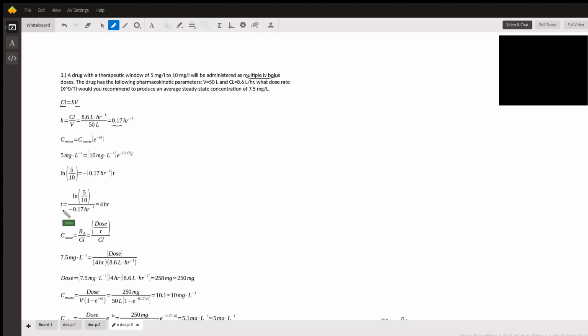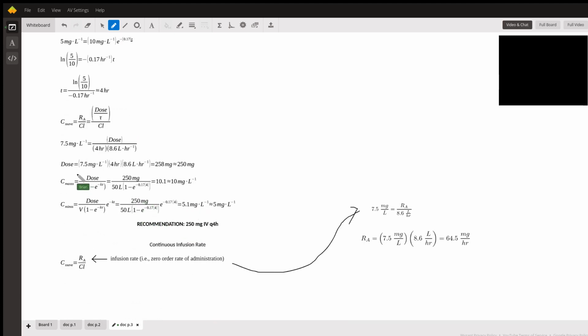And so when I solve for T, I get about 4 hours. Now I can check to make sure my max and min concentrations at steady state will not be out of range. And in doing this, I got C max steady state 10 milligrams per liter and C min steady state 5 milligrams per liter.